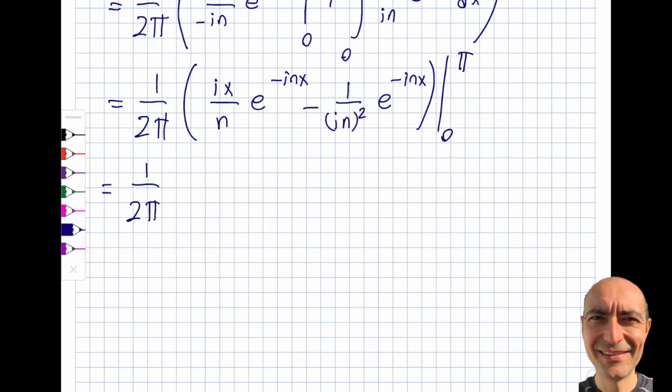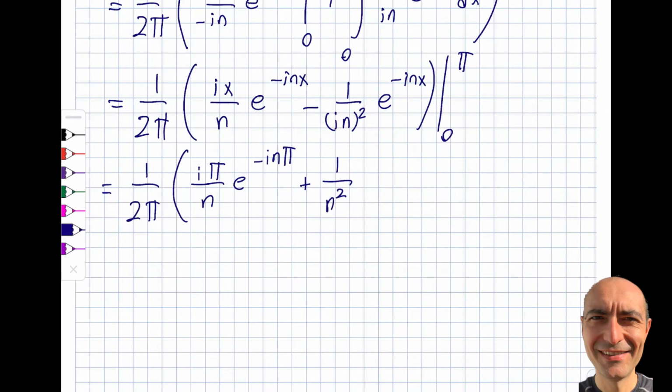So for the first term, when I insert 0, as it's multiplied by 0, that will be gone. So I simply write, wherever I see x, I also write pi: i pi by n, e to the minus i n pi, right? Okay, so let's do something. i squared, what is it? Minus 1. So minus minus becomes positive. So I'll write it this way: plus 1 by n squared.